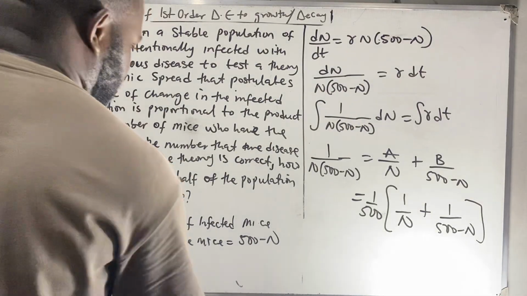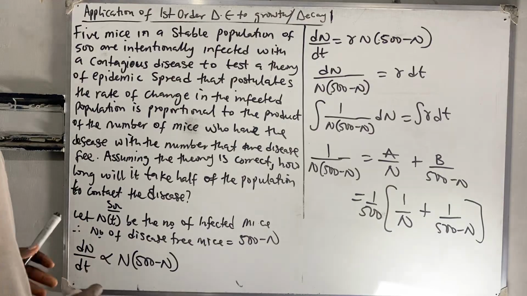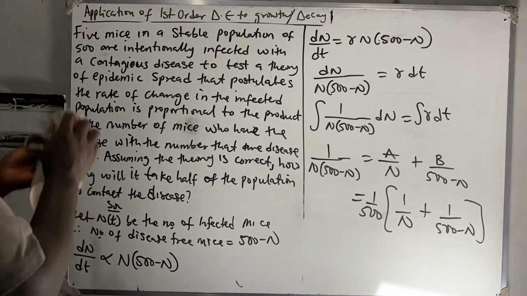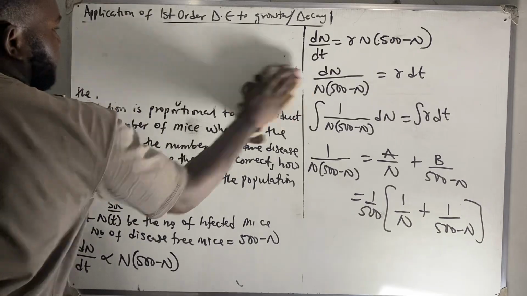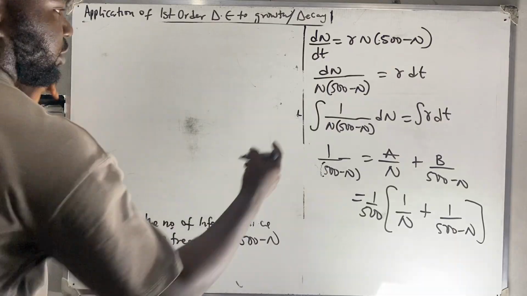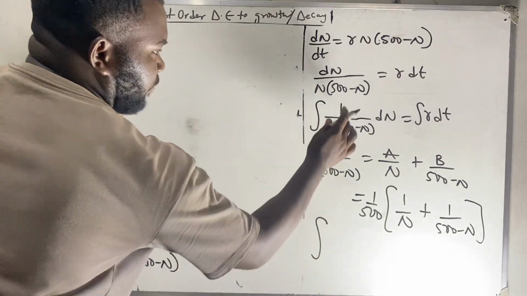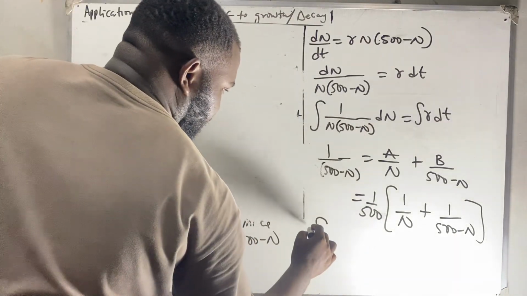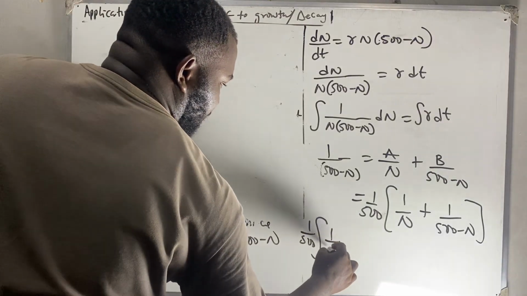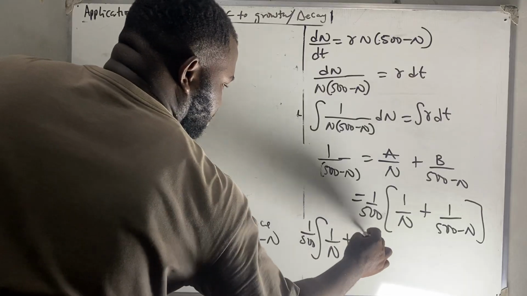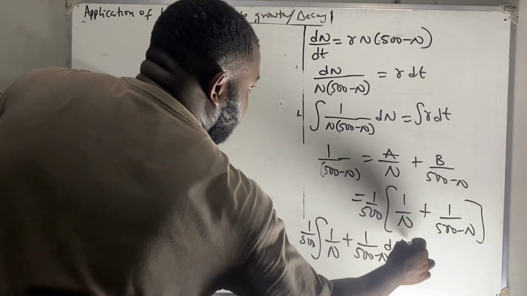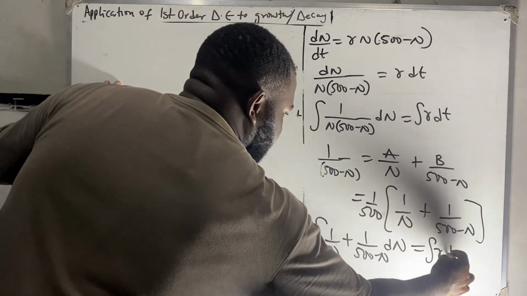What are we asked to calculate? Let me just clean here so that I will not be checking my book. Having this, it is now the integral of, let me bring the 1 over 500 outside, 1 over n plus 1 over 500 minus n, dn, equal to the integral of r dt.